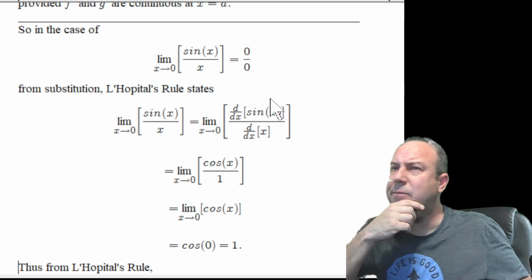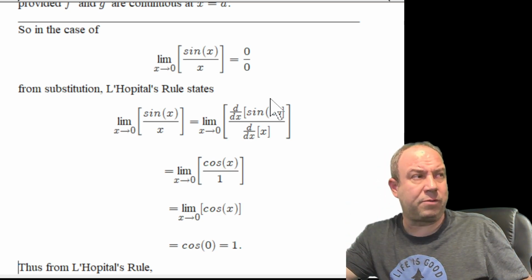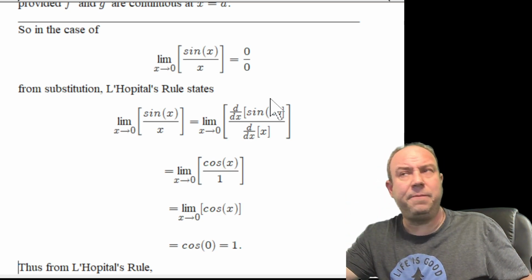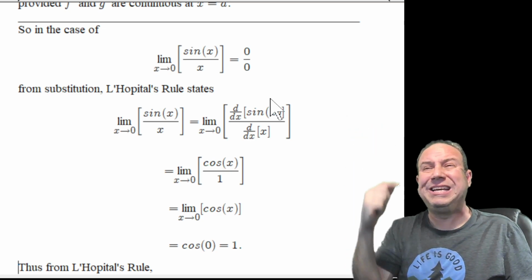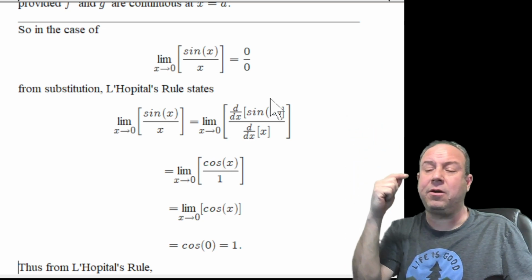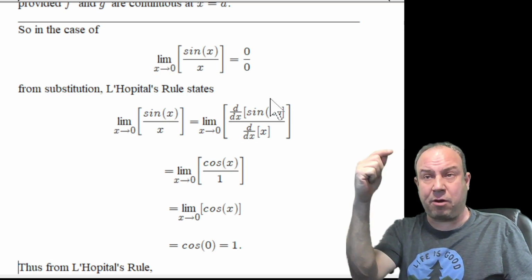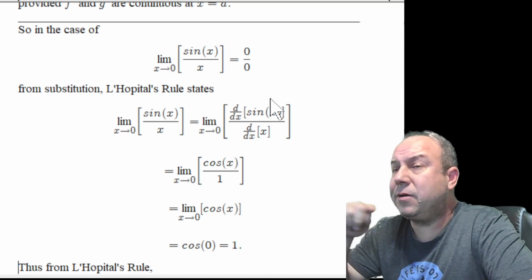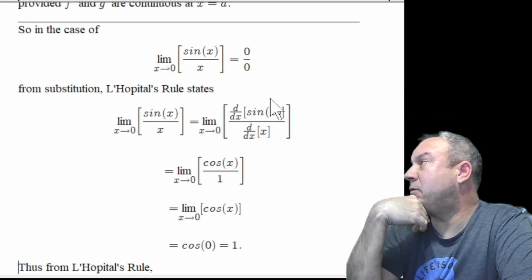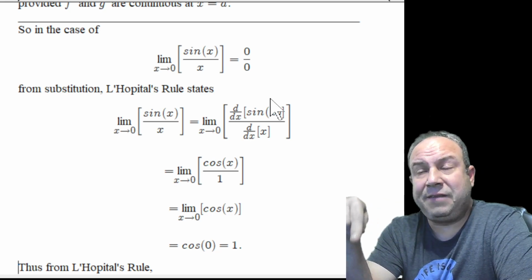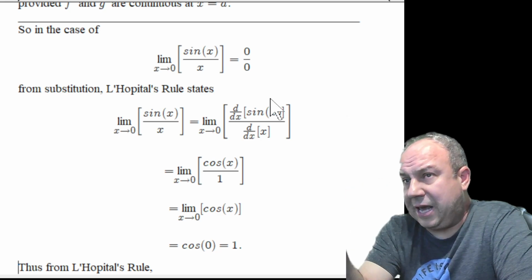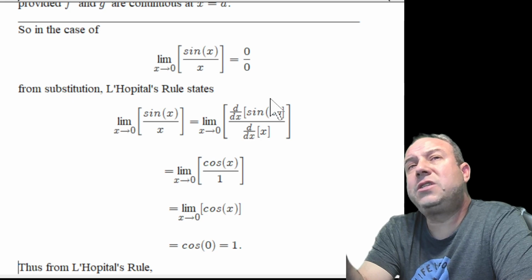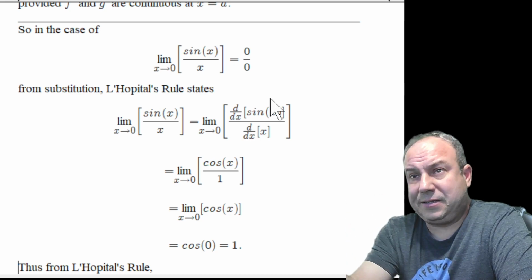I will point out, keep in mind, there are other indeterminate forms: infinity minus infinity, 0 times infinity, 1 to the infinite power, 0 to the 0 power, and infinity to the 0 power are other indeterminate forms that we can also encounter through the substitution method in limit evaluation. In those cases, we're going to use some of what we call L'Hopital's methods.